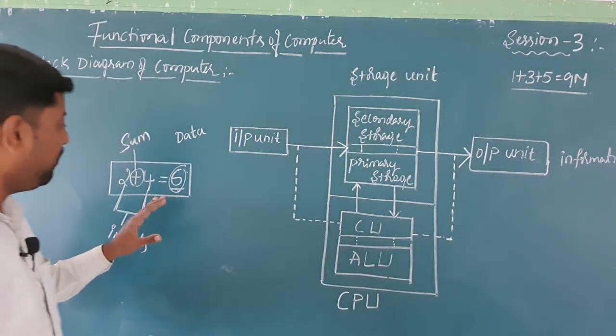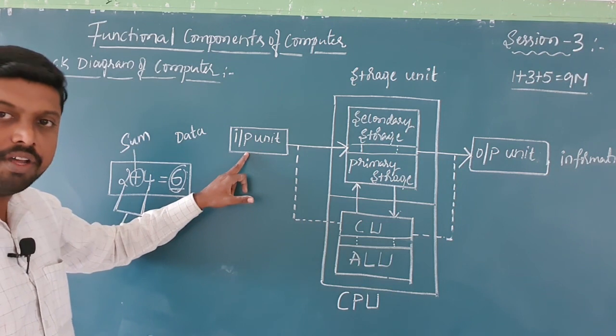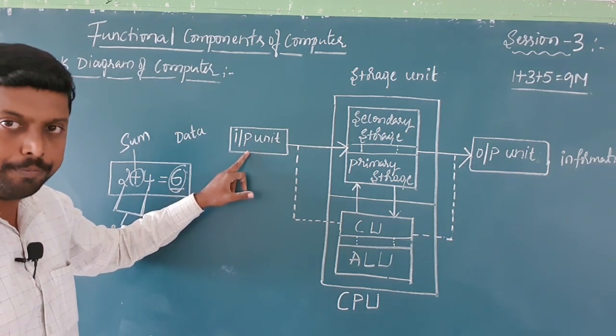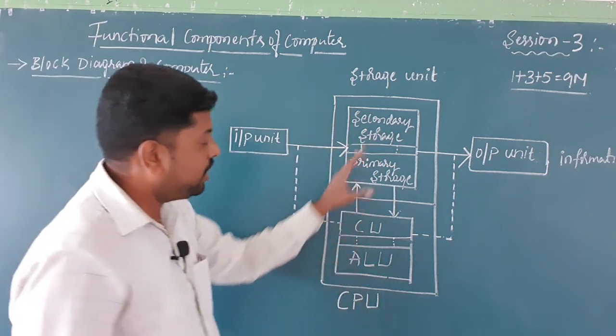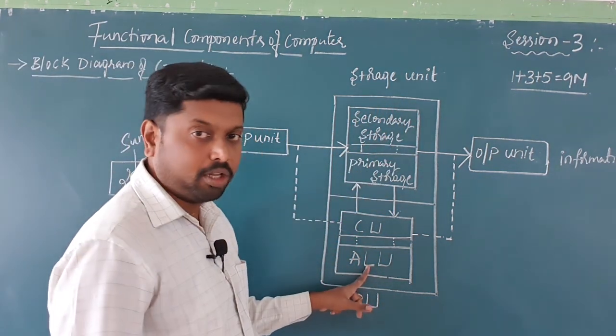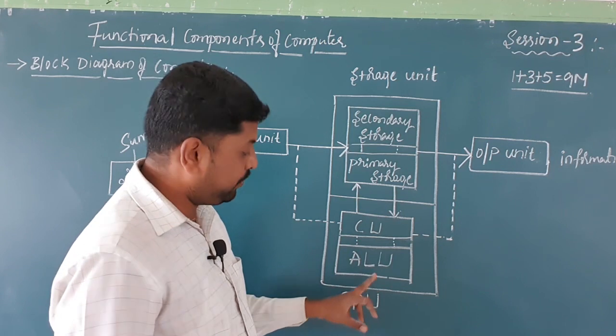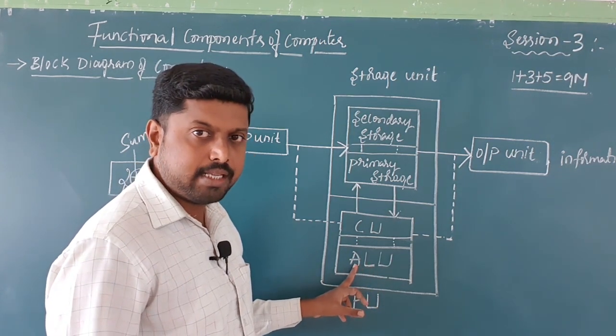Getting it? For the input unit, the user gives 2 and 4 and the operation plus. Within that plus operation, inside the storage unit, we have some mathematical calculation. Later we will explain. So we have an operation, that is addition.